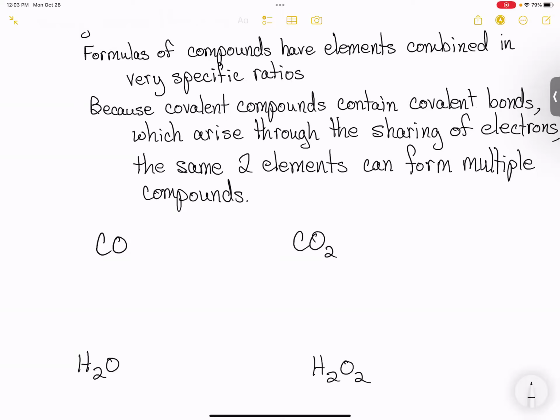The one we don't want is hydrogen peroxide. So again, this issue really is arising due to the fact that these elements can combine in more than one ratio. We've got to be able to distinguish between them. We've got to be able to identify who we're working with.